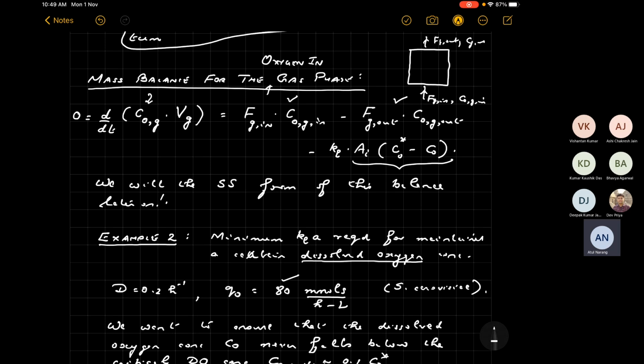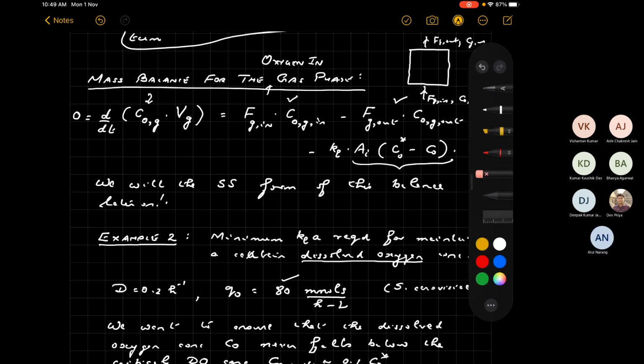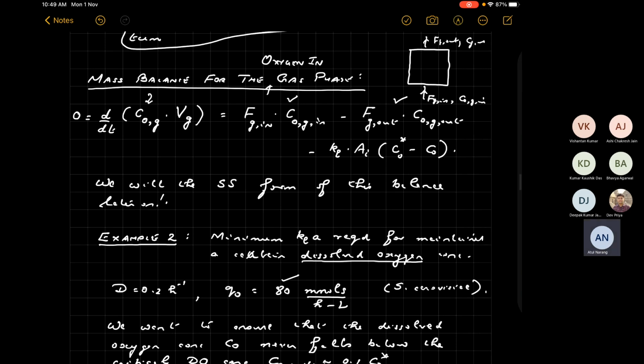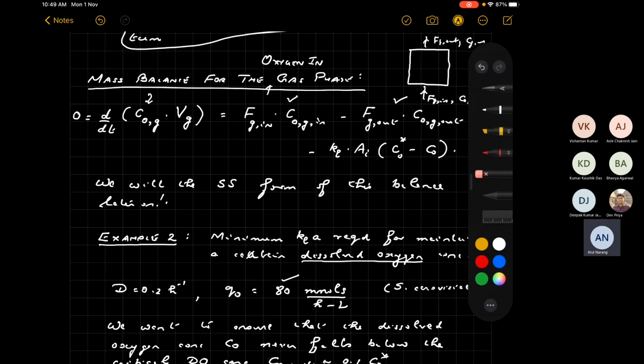Sorry, I should correct myself. So this quantity. So I know the rate at which oxygen is going in. I know the rate at which oxygen is going out by using appropriate flow meters and analyzers. And if I know CO star minus CO, then I can calculate the value of KLA.